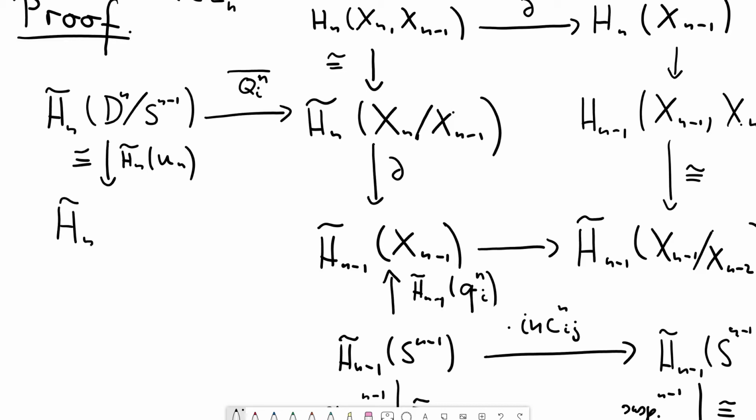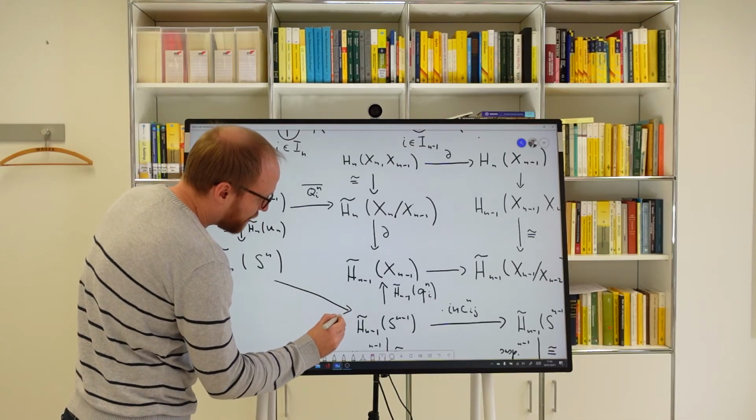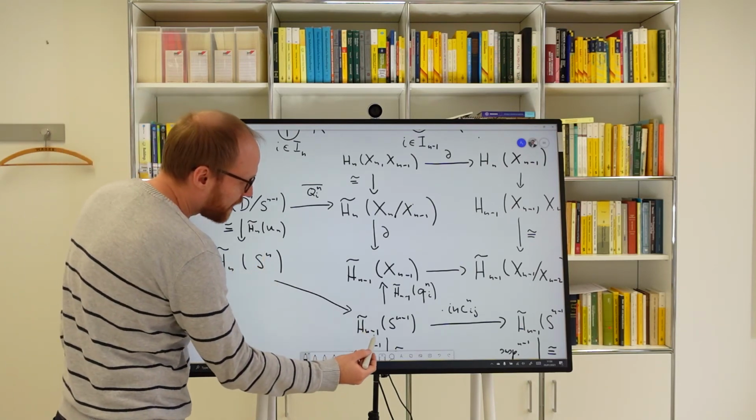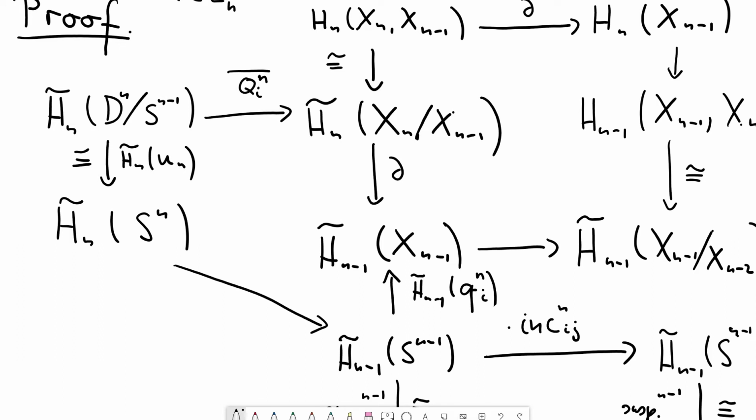And this is now going to the n-sphere, that's the homeomorphism that nu_n provided. And now from here to here, I've got again our suspension isomorphism. The nth homology of the n-sphere is isomorphic to the n-1st homology of the n-1 sphere. So this is just suspension.